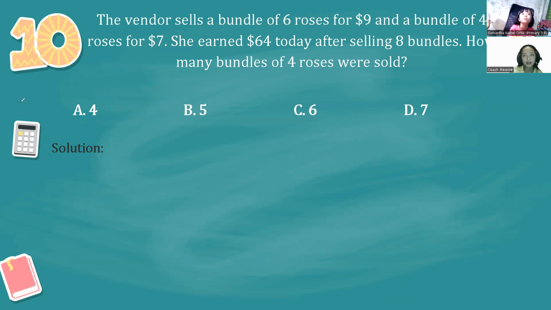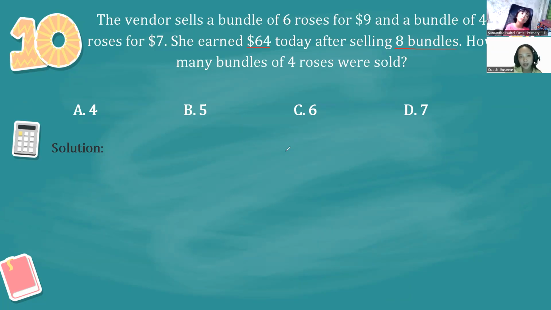So to solve this problem, we usually do trial and error. Okay, it is time consuming, but yeah, we have to do trial and error. So we have to note that she has earned 64 by selling 8 bundles. So a bundle of 6 roses is $9 and a bundle of 4 roses is $7.